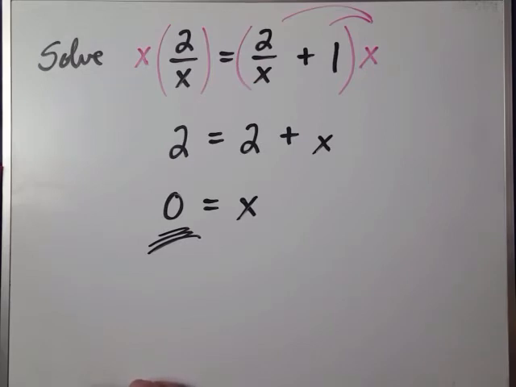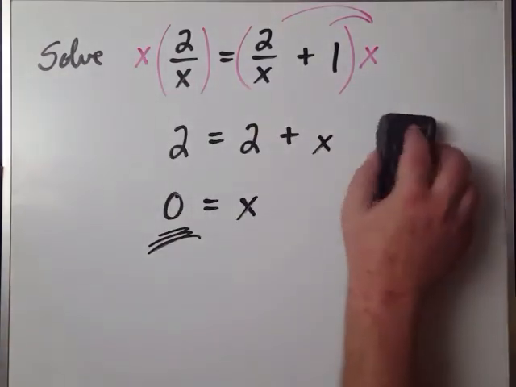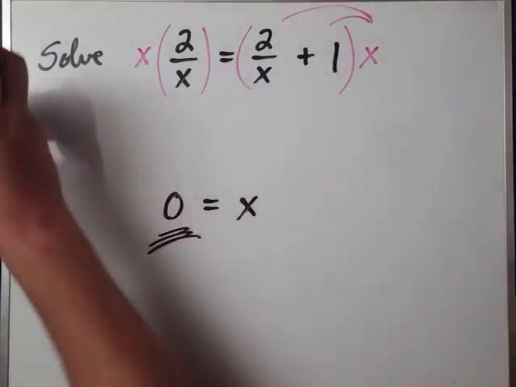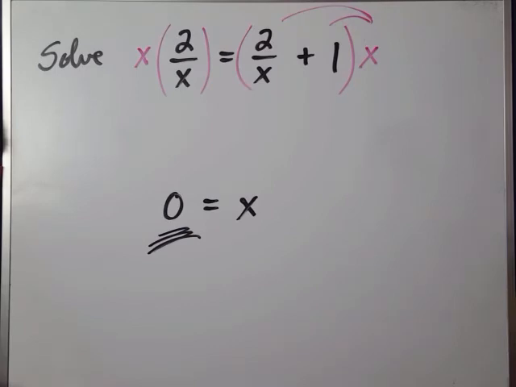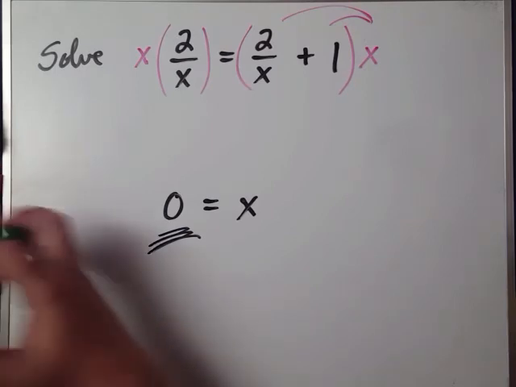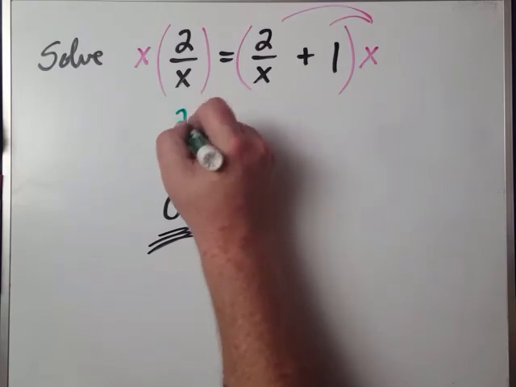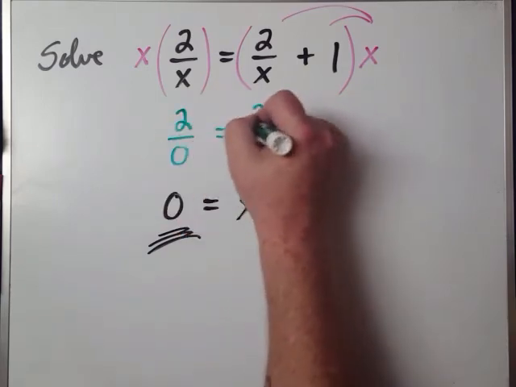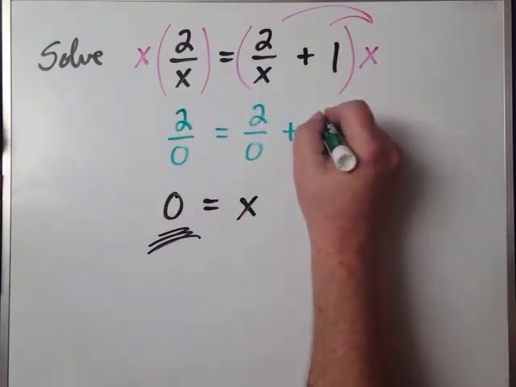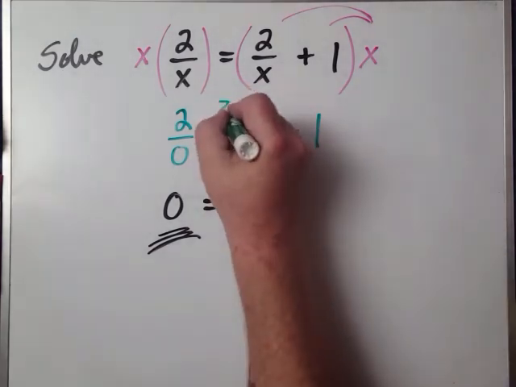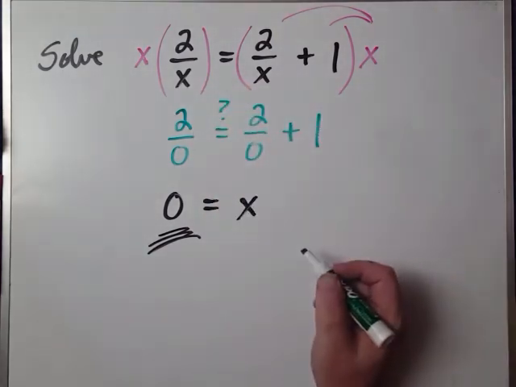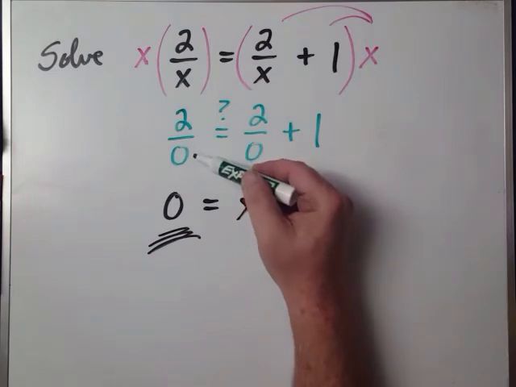Let's check this solution. Plug 0 back in for x in the original statement of the problem. Well, what do we have? 2 over 0 is undefined.